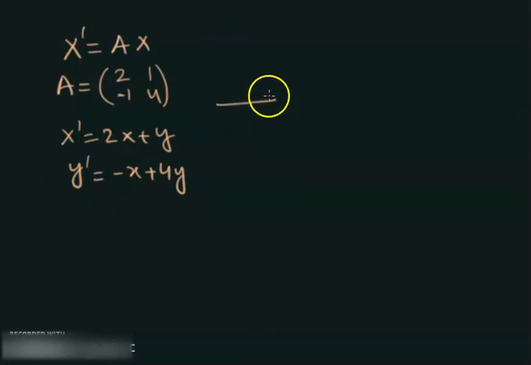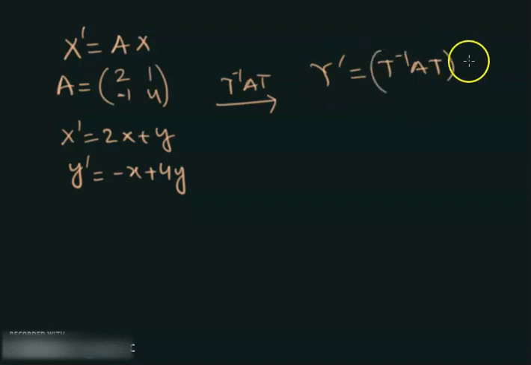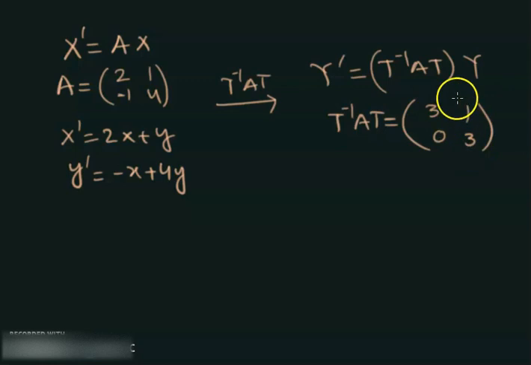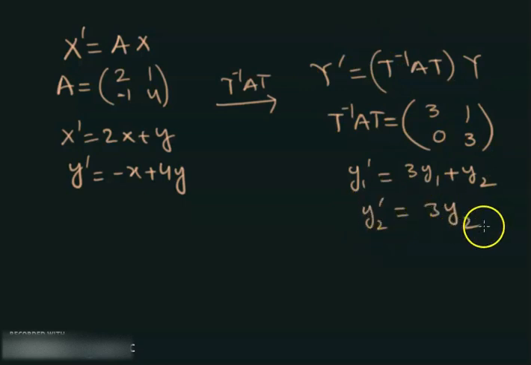So what we did, we converted it with the help of this t inverse A t into another system, which is y prime equal to t inverse A t y, where t inverse A t is [3 1; 0 3]. Or you can say that y1 prime is equal to 3y1 plus y2, just defining new variables for these y's. So y2 prime is 3y2.